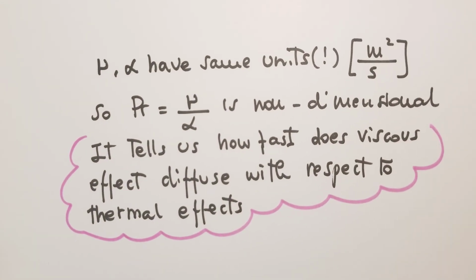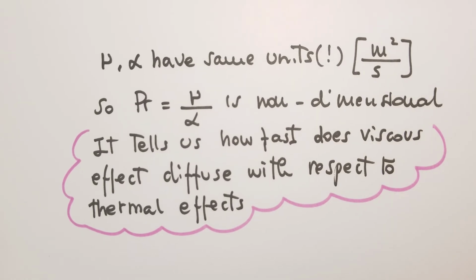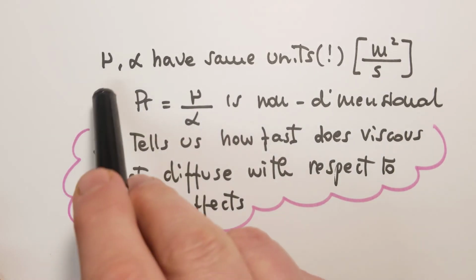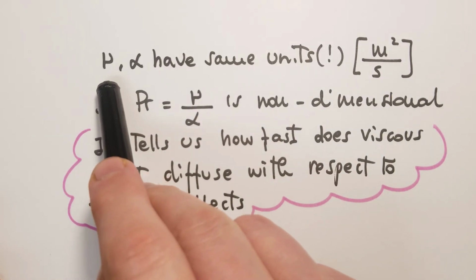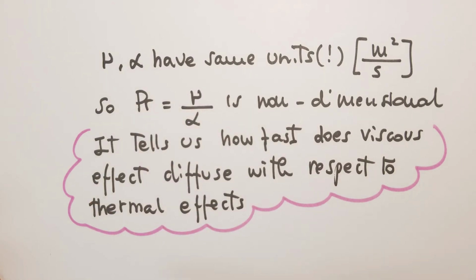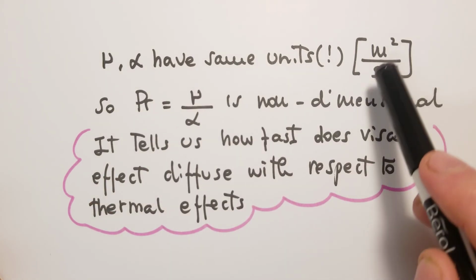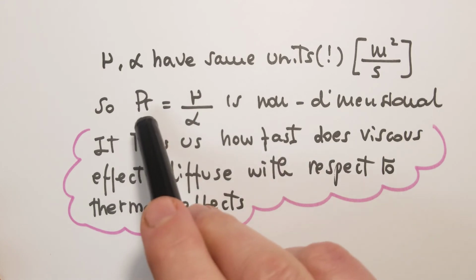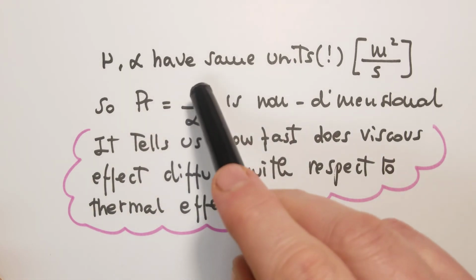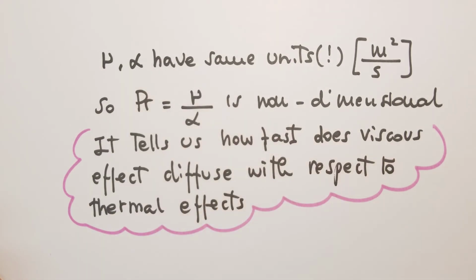The other important thing to note is that the kinematic viscosity and the thermal diffusivity have the same units. That's meters squared divided by seconds. So the Prandtl number, being the ratio of two quantities with the same units, is non-dimensional.